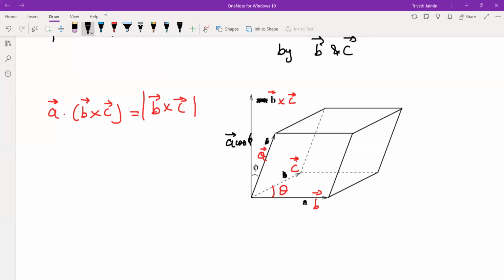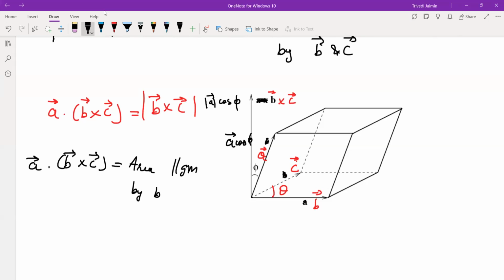So let's write here: magnitude of A cos phi. So A vector dot B cross C vector equals the area of the parallelogram formed by B and C vector.